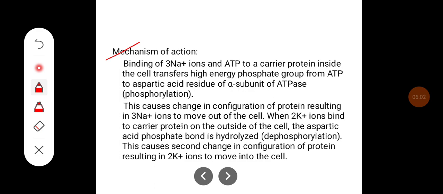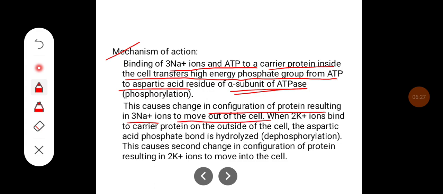The mechanism of action of the sodium potassium pump: the binding of 3 sodium ions and ATP to a carrier protein inside the cell transfers a high energy phosphate group from ATP to an aspartic acid residue of the alpha subunit ATPase, which leads to phosphorylation. This causes a change in the configuration of the protein, resulting in 3 sodium ions moving out of the cell.